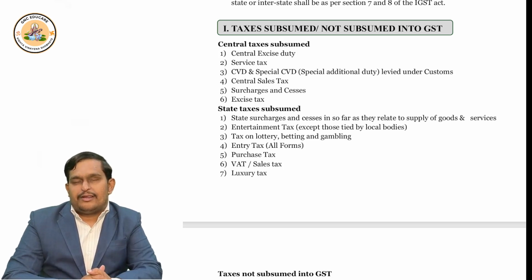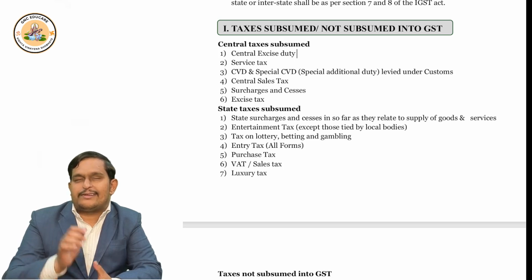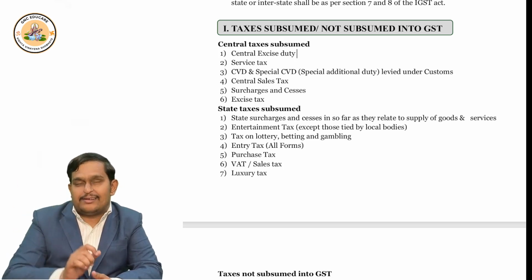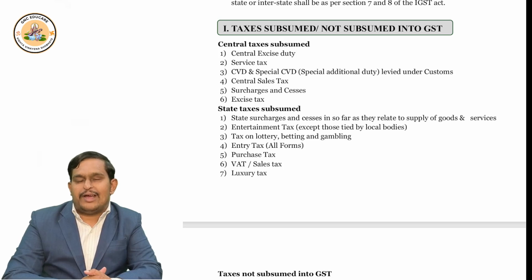Now, state taxes which are subsumed. There are many. Value added tax was there, VAT, or we can also call it sales tax. If a sale happens within one state, VAT was levied. That is subsumed into GST.